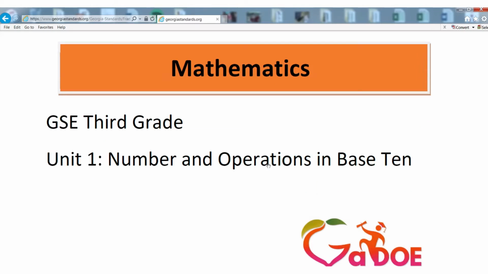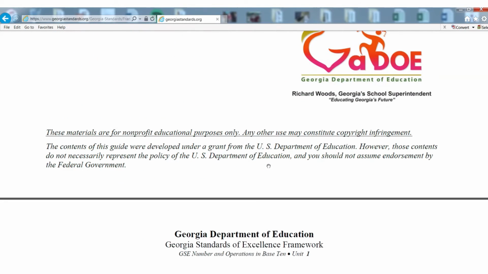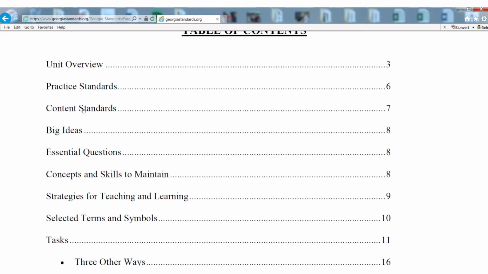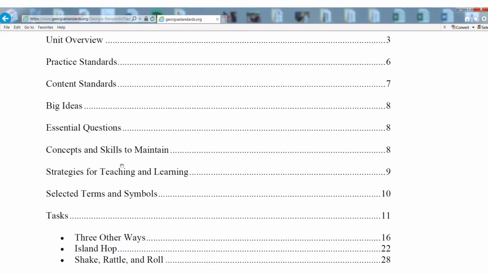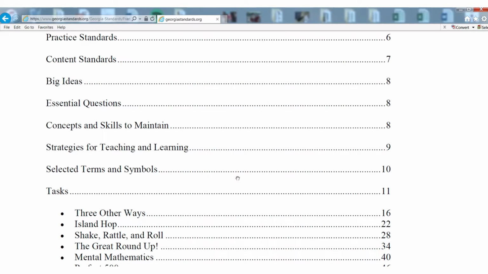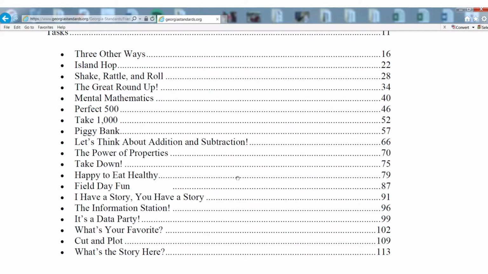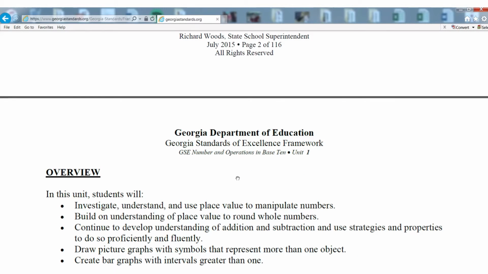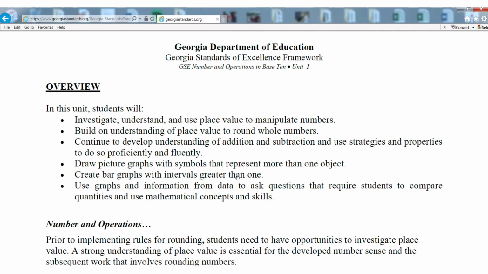And this walks you through what it is that the teachers are teaching, how they are going about teaching it: the practice standards, the content standards, the big idea, the essential questions, the concepts and skills to maintain, the strategies for teaching and learning, and selected terms and symbols, as well as the task and a number of activities that your teacher may choose to use from, as well as other material that they would find to help implement the standards and make sure that your students are successful doing those.